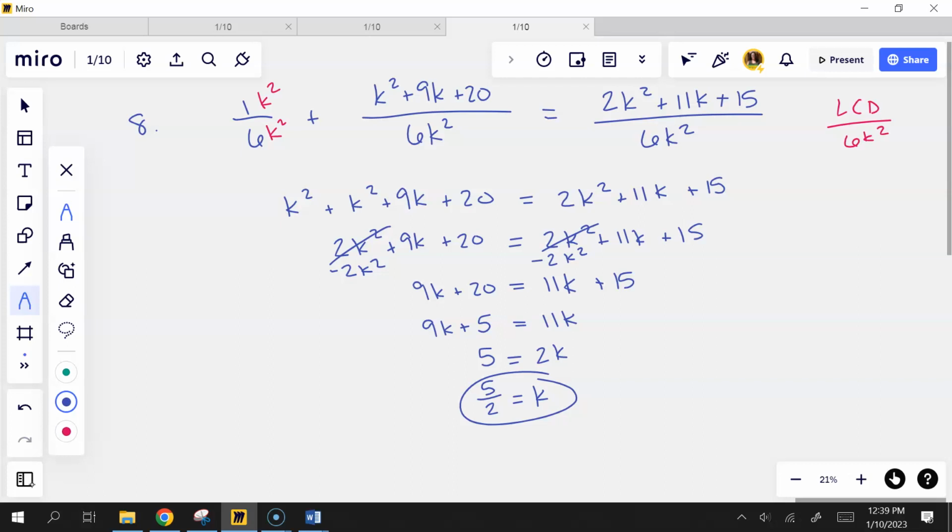Are we trying for it, bro? You're just trying to solve for K. No crumbs.